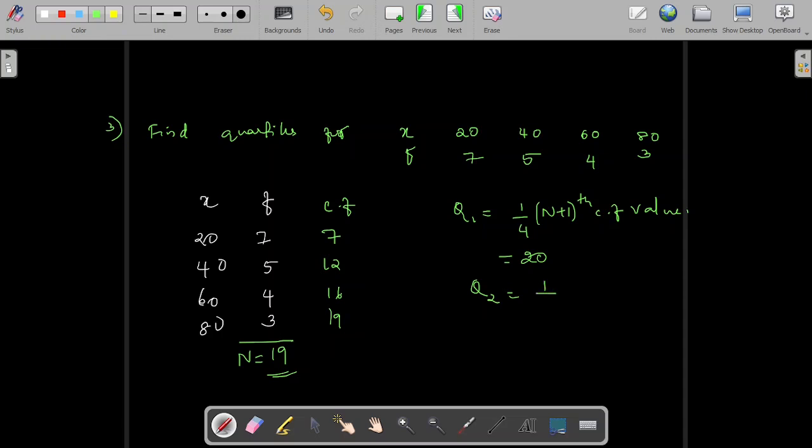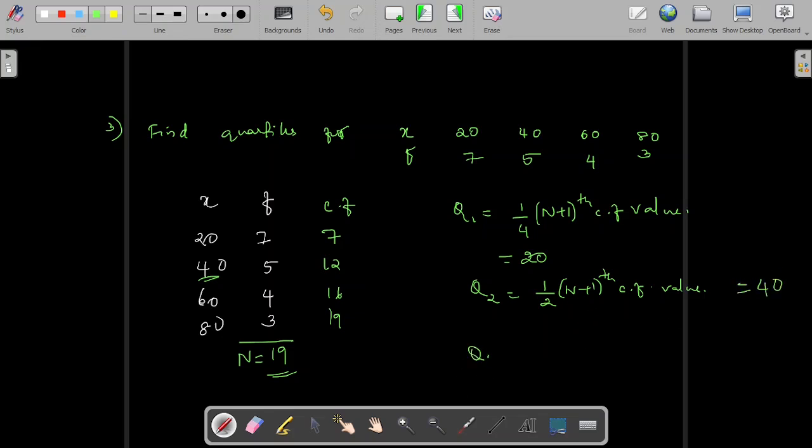Q2 is 1 by 2 into (N plus 1)th cumulative frequency value. Capital N is 19 plus 1, 20 by 2, the 10th cumulative frequency value. From 8 to 12, 10 comes within this. So Q2 equals 40.